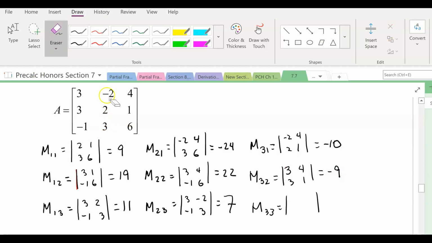And then the last entry over here, I'll cross out that row and that column, and I'm left with 3, negative 2, 3, 2. That's going to be 6 plus 6, so that's 12.